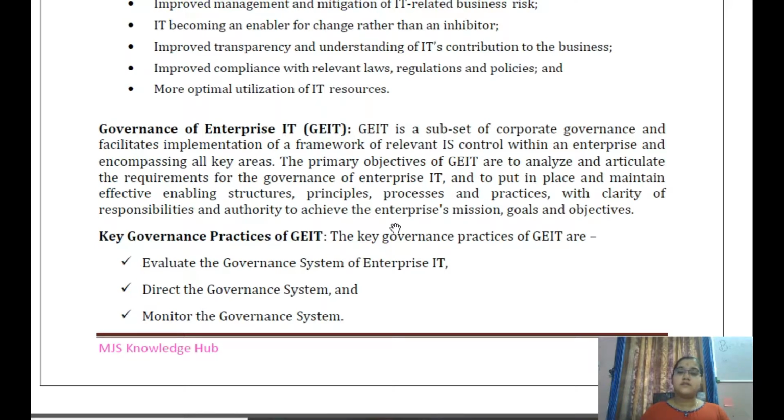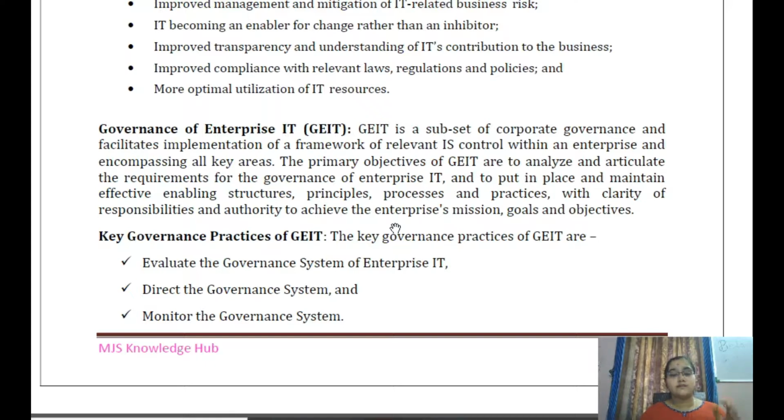The primary objective of GEIT is to analyze and articulate the requirements for the governance of enterprise IT. So wherever there is a need for enterprise IT to be governed, GEIT will try to analyze and articulate the requirements for those areas, so that governance of enterprise IT can be done in an efficient manner. Then how will it achieve that objective?